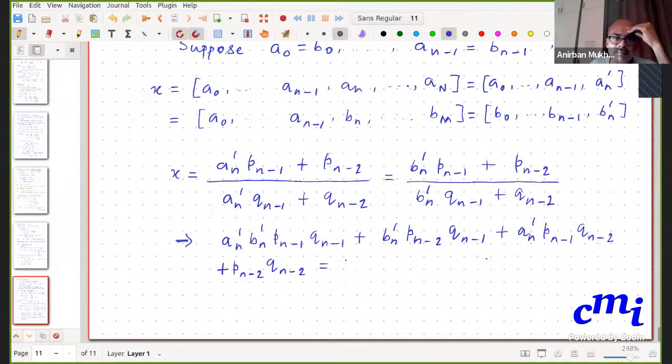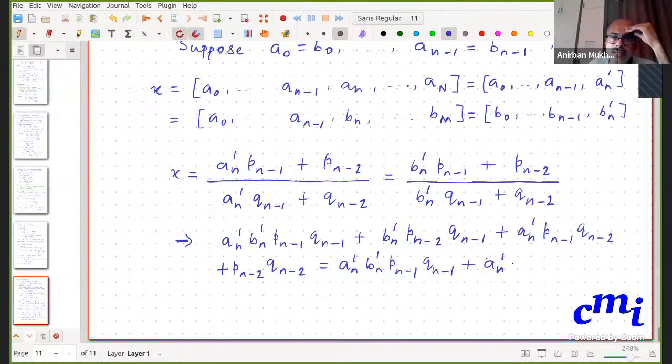Then here again, the first entry is an' bn' pn-1, so this is going to cancel actually. Then let's multiply in a very similar way.